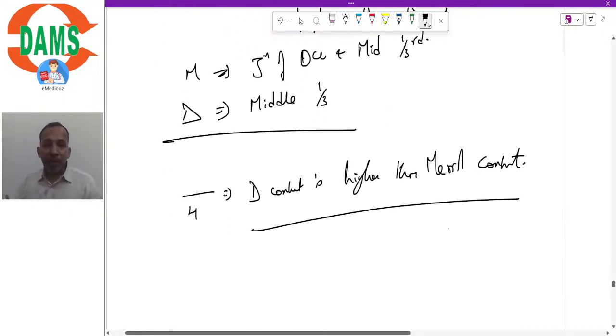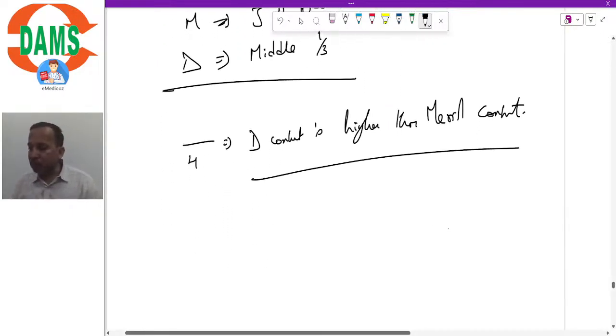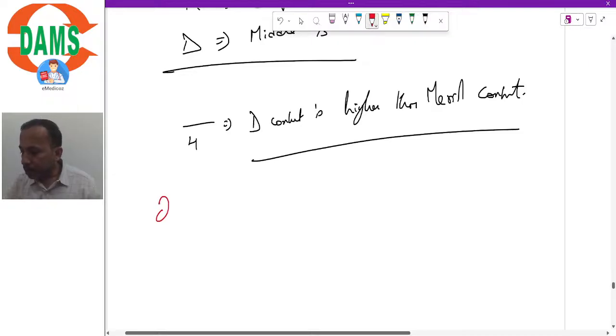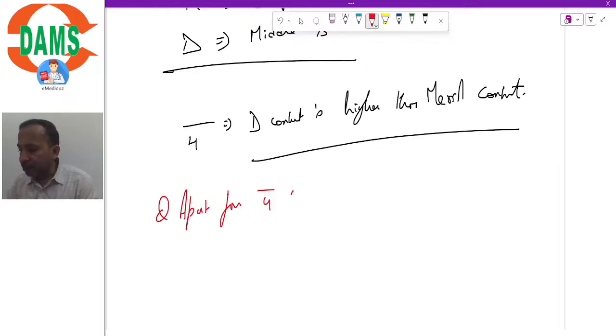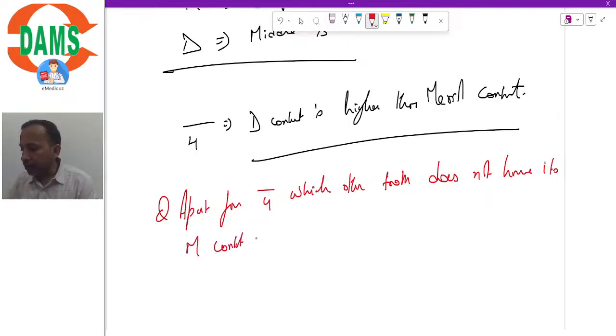So apart from the mandibular first premolar, which other tooth does not have its mesial contact higher than its distal contact?